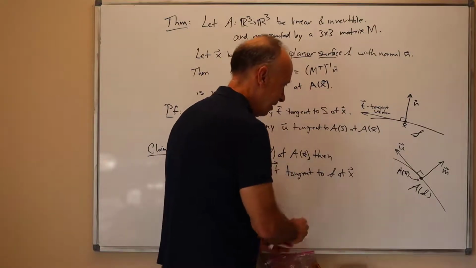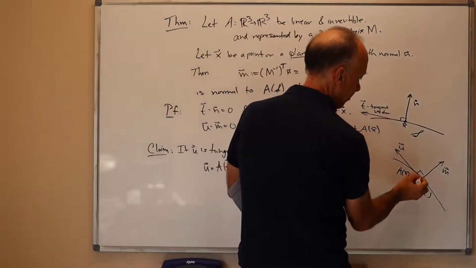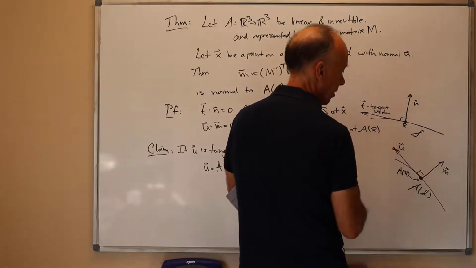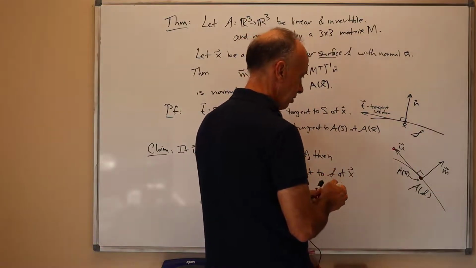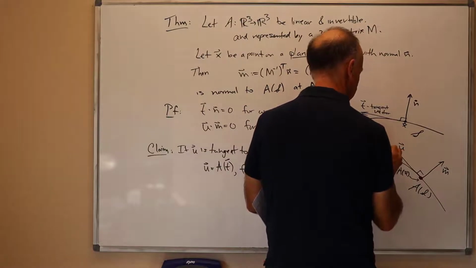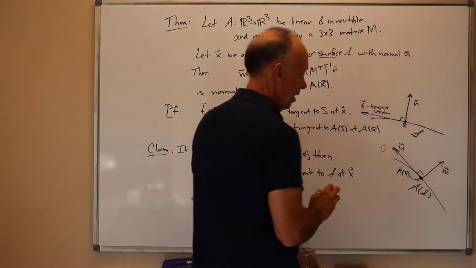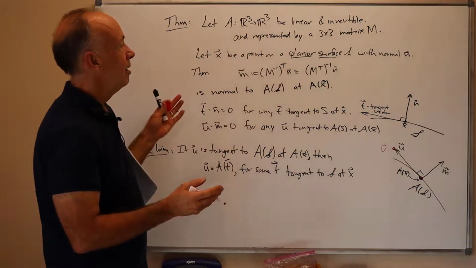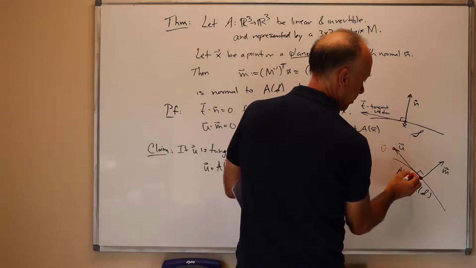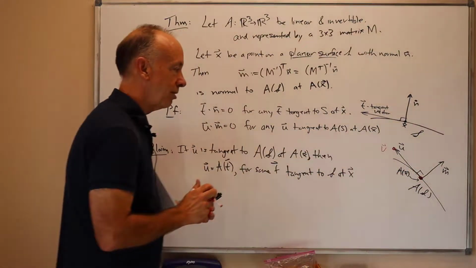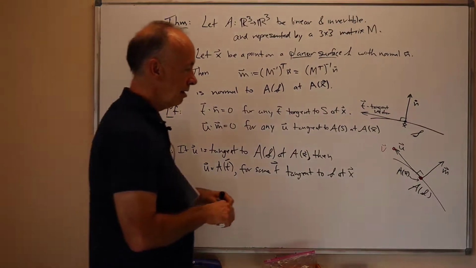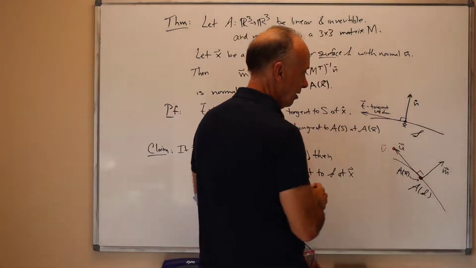In fact, it's easy to make it rigorous. As a tangent vector, U is a difference of 2 points. So there's some point X, there's A of X, and there's some point V. And if the surface is planar, then we can just take V to be on the surface. If the surface is not planar, we would just be taking V's arbitrarily close to A of X and taking some sort of limit process. But let's just assume that the thing is planar, so this actually lies on S.